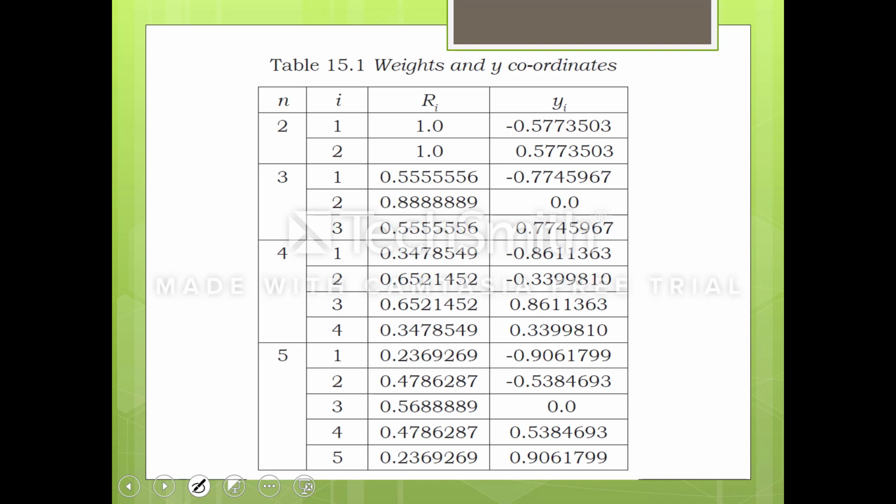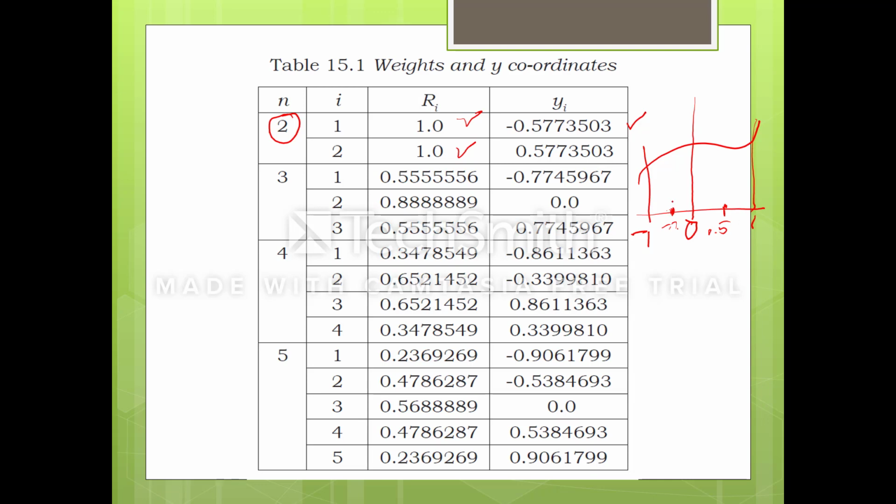So if you are taking n equal to 2, we have 2 points. Each point will have the same weightage of 1. And the values of y will be minus 0.5773503 and plus 0.5773503. We are integrating the function from minus 1 to plus 1, in between minus 0.577 and plus 0.577.